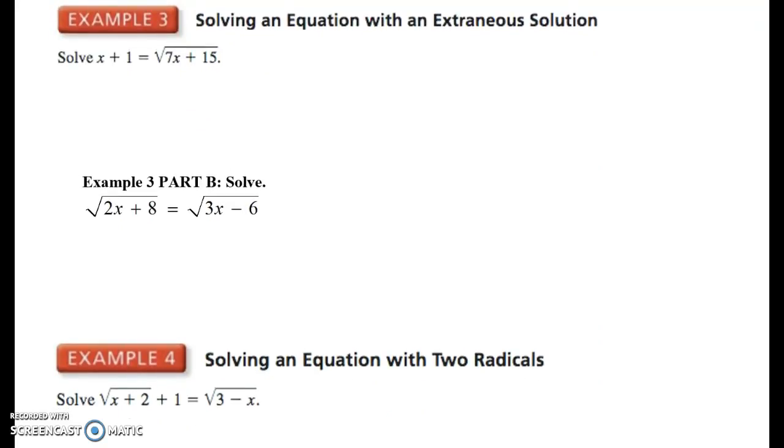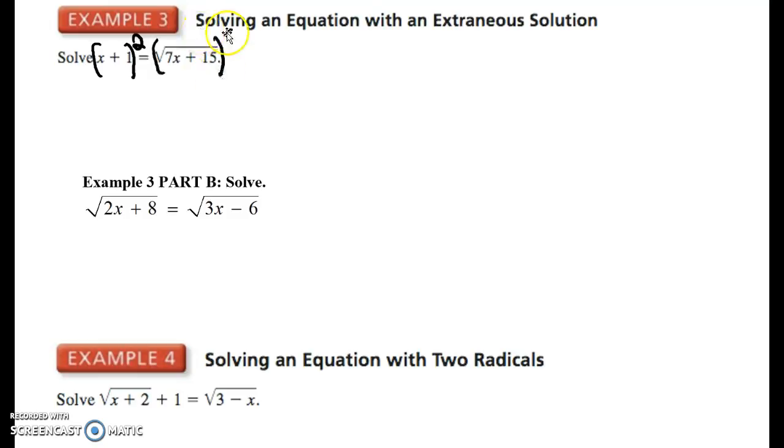Looking at example 3, I see something a little bit different because I see x plus 1 on this side and then the square root of 7x plus 15 on the other side. I'm not sure what to do just yet because I see x inside the square root and x outside the square root. So I know that I want to get rid of that square root. Let's square both sides.